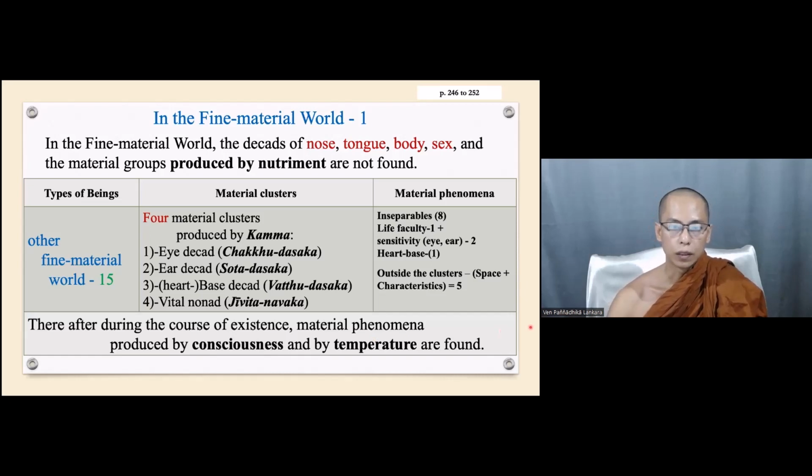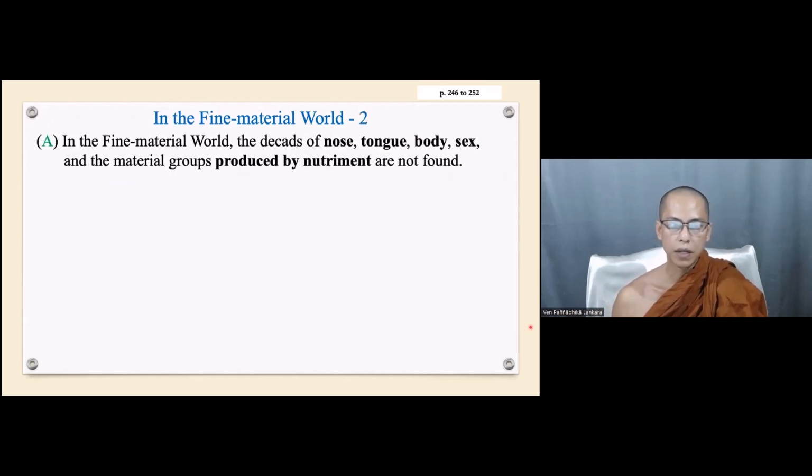Okay, so then let's continue about the non-percipient beings. So before we identify, we need to understand some information. In the fine-material sphere world, there are no tongue, body, sex, and also their nutriment-born materialities are absent. This is common information to all fine-material sphere worlds. This will continue for the non-percipient beings too.